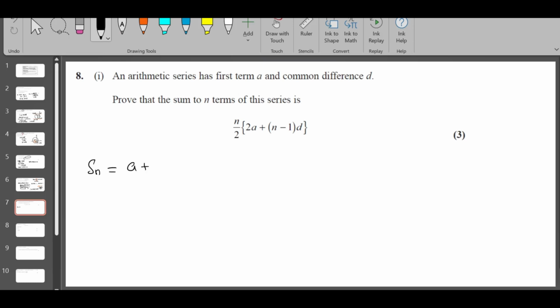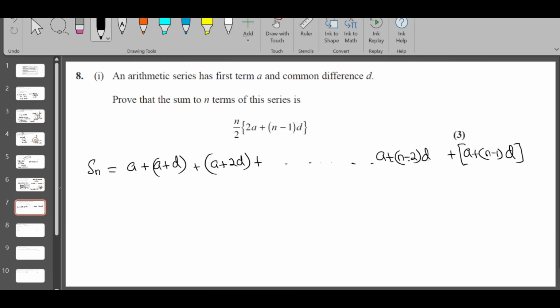The first term plus the second term, a plus d, is the second term. A plus 2d plus dot dot dot. The nth term will be a plus n minus 1 times d. Right? The previous term will be a plus n minus 2 times d. Write the previous term also.